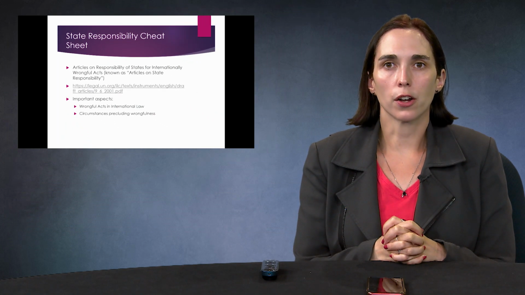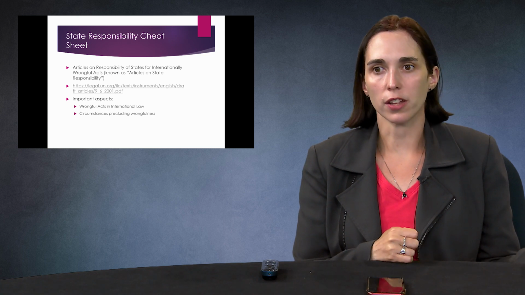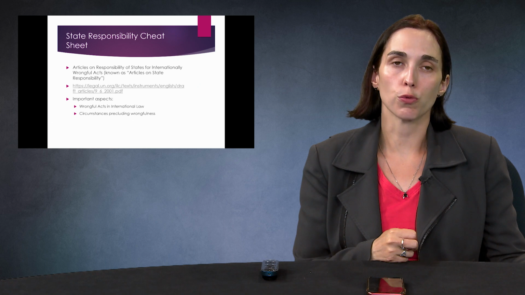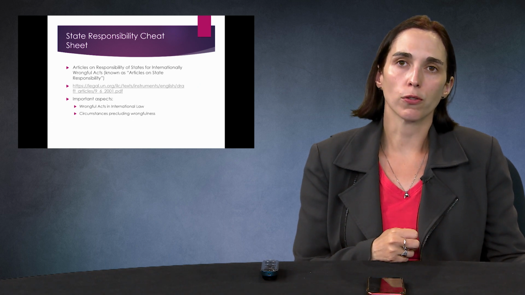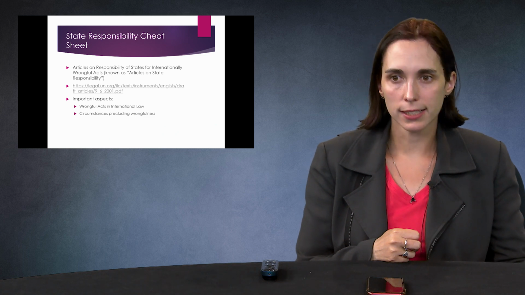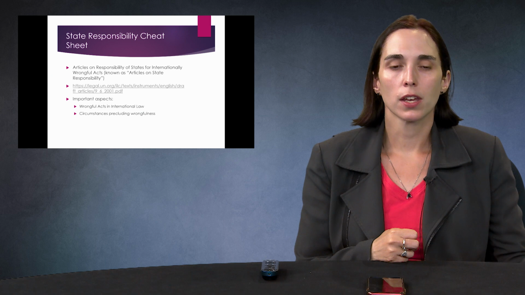So it helps us to understand not only when states are responsible for their actions, but what sorts of outcomes you can get in order to resolve an issue of a wrongful act on the part of the state. And so what is a wrongful act, and how do you deal with that wrongful act in international law?